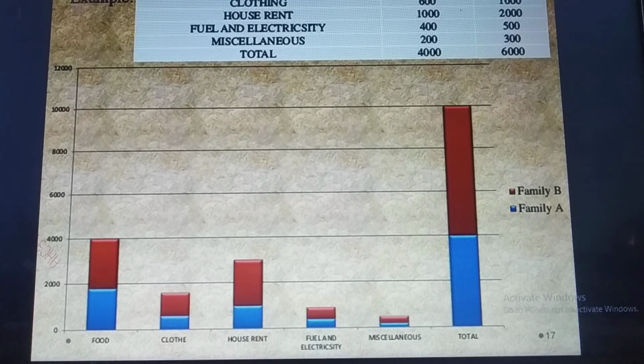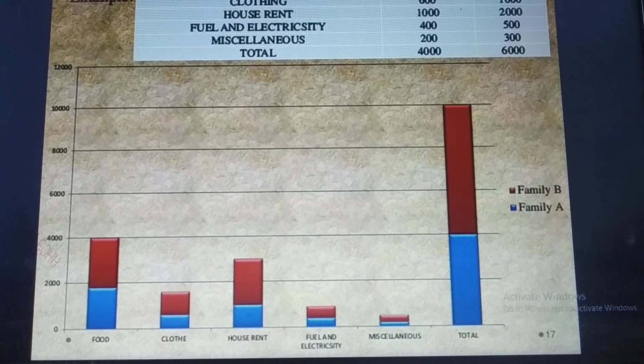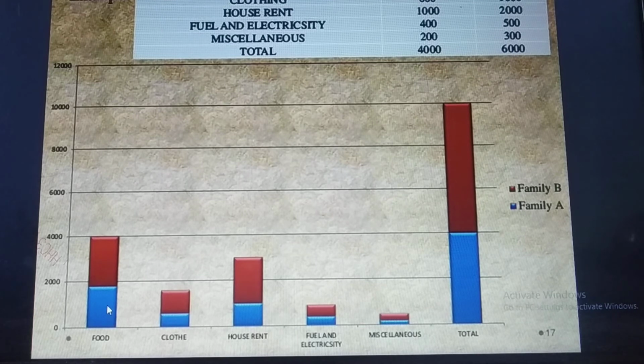Food: family A 1,800, family B 2,200. 1,800 plus 2,200 equals 4,000. The blue mark is family A, the red mark is family B.